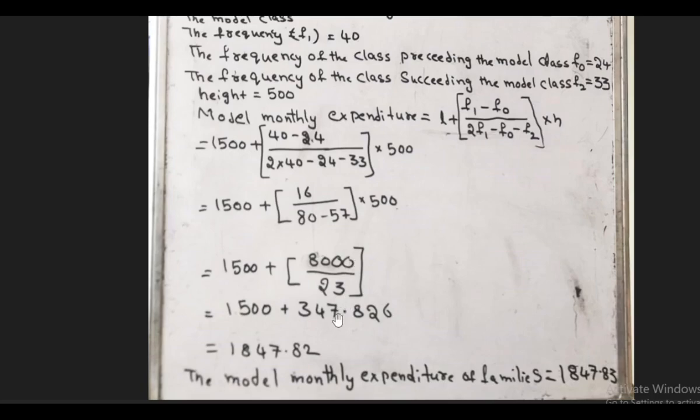If you go for cancellation, we are getting 347.826.